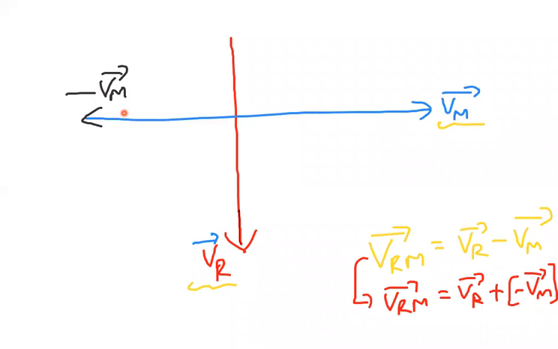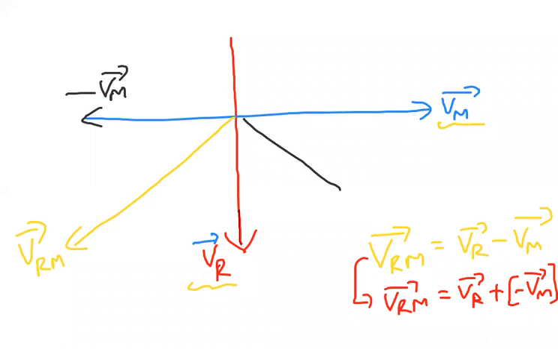So from this information, the relative velocity Vrm bar will be in which quadrant? Third quadrant. Here, this is the first quadrant, second quadrant, third and fourth. We don't get it in the fourth quadrant. Generally people will think Vm bar, Vr bar is there, so we will get it in this direction.